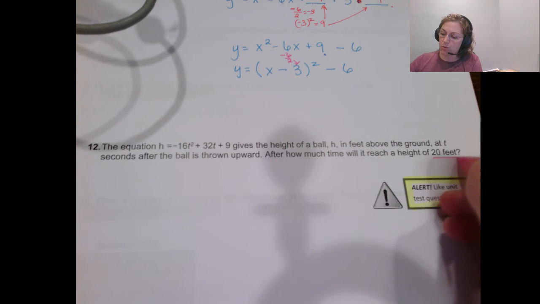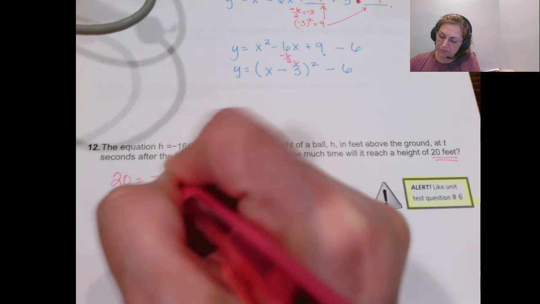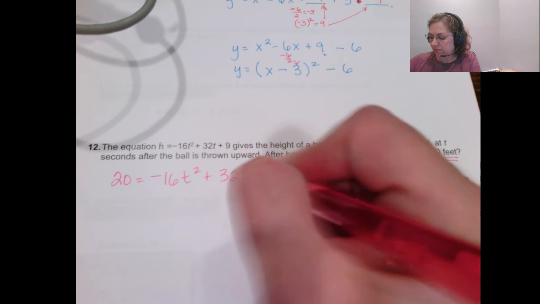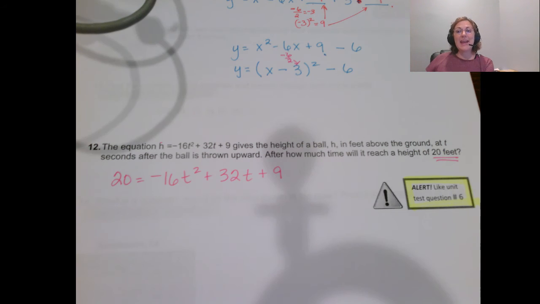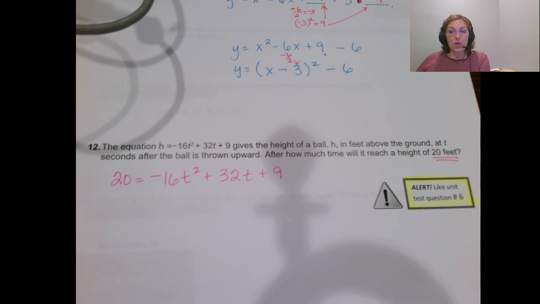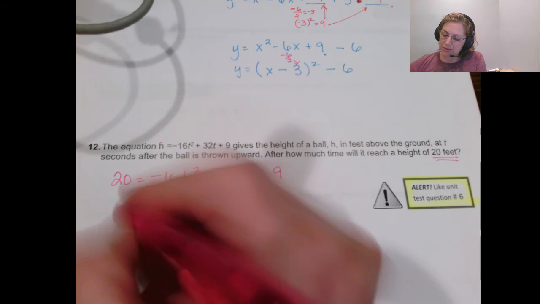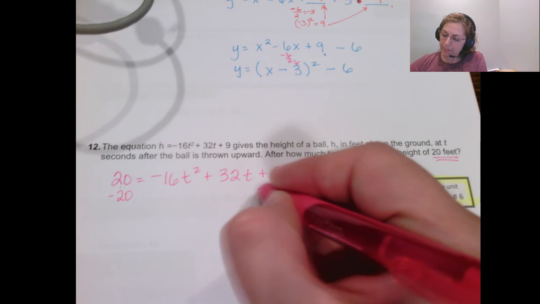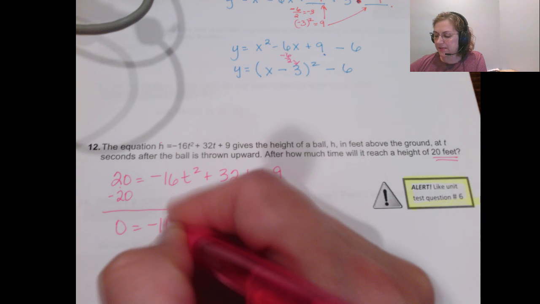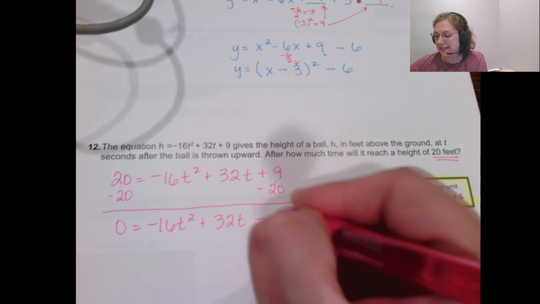And a height of 20 feet in for H. Now we have to solve this just like we would any quadratic. And so we're going to move this 20 to the other side by subtracting it. That gives me 0 equals negative 16t squared plus 32 minus 11.